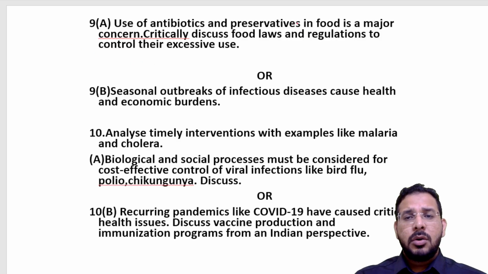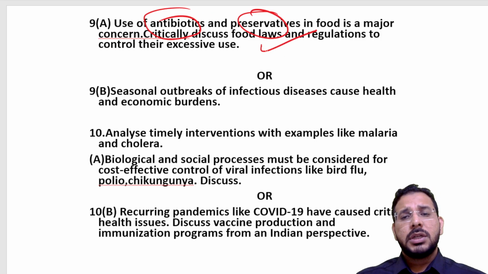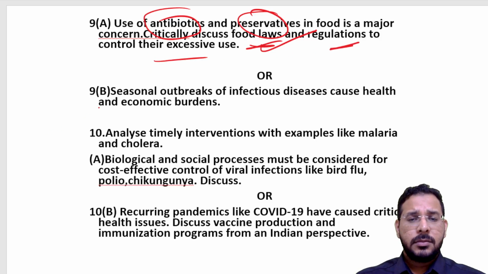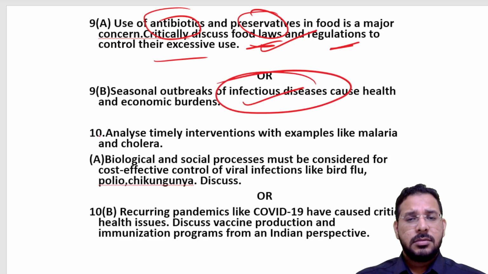Then a question on preservatives which are added to food, antibiotics which are added to non-veg foods, etc., have been asked, and what are the different food laws and regulations there to control it. Then a question has been asked on infectious diseases.